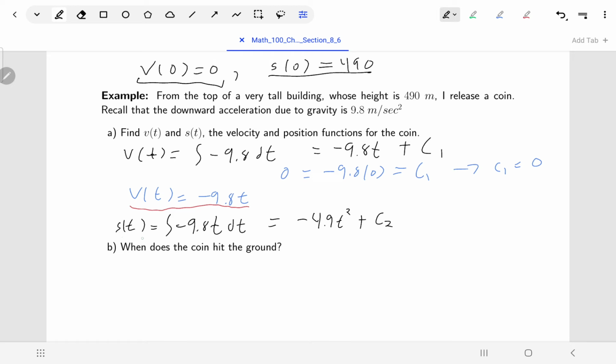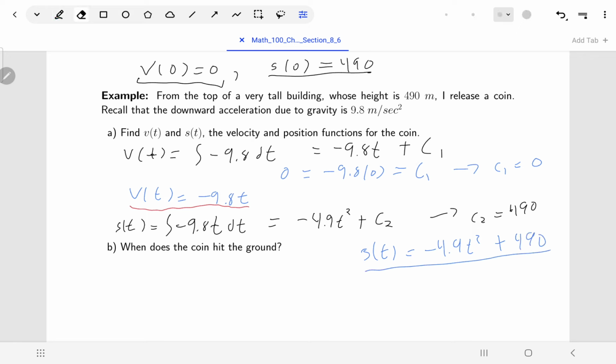So if I put in 490 for s and 0 for time, I'll be able to find that the second constant is 490. So I'll find that actually my equation for position should be s of t is negative 4.9t squared plus 490.